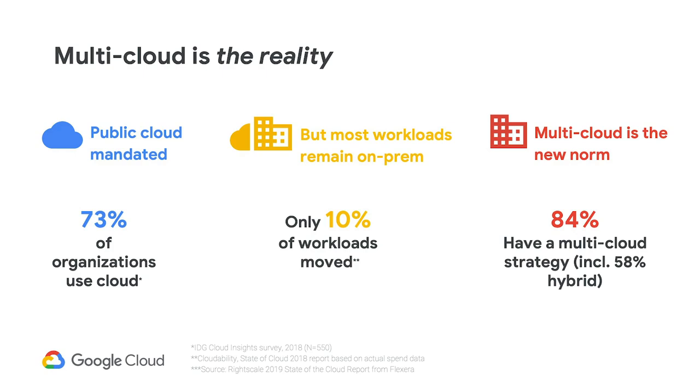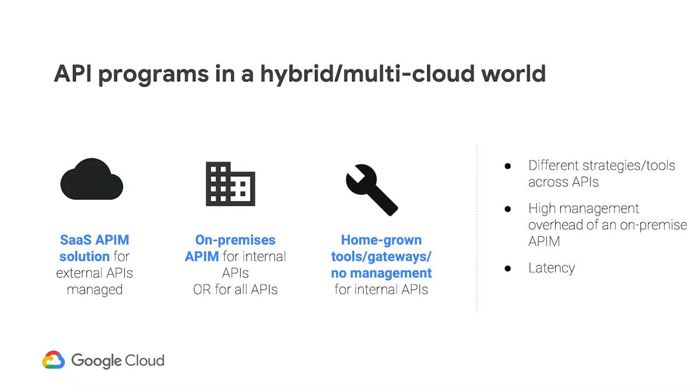What it means for us is that in our enterprises, we see that APIs are going to be in multiple places. Some APIs are going to be on cloud, and usually enterprises are picking more than one cloud provider because they don't want to put all their eggs in one basket. And there are going to be some APIs that are never going to live on the cloud. On premises or some data center footprint is going to be a reality for a lot of these enterprises, and that's not going to change either.